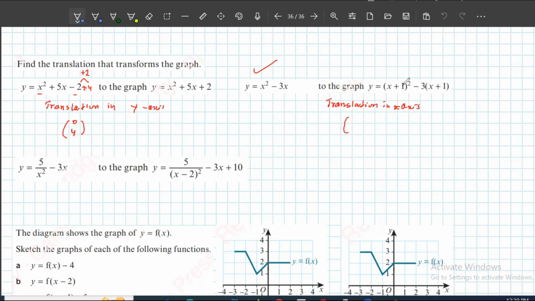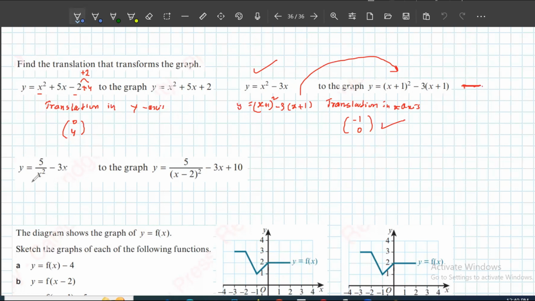If they add plus 1, we say minus 1, and 0, because they are not adding anything outside, so it means it is only along the x-axis. You can also check: if the same translation vector is applied here, it would be x plus 1 whole squared minus 3 bracket x plus 1. So this is exactly the same, that's what they want from us.